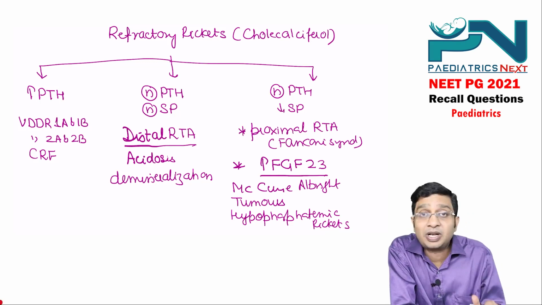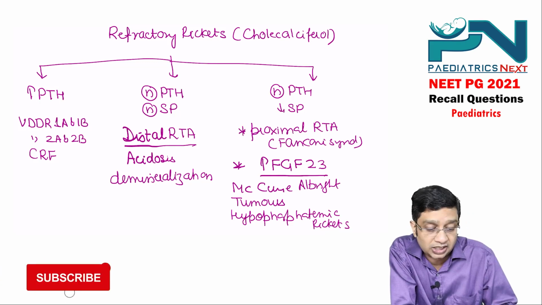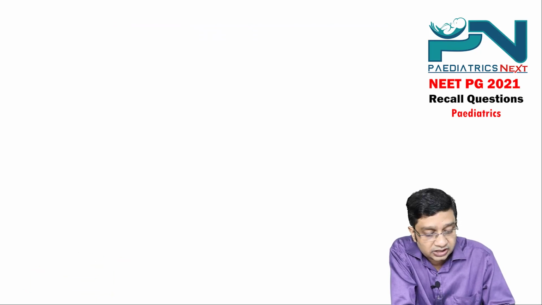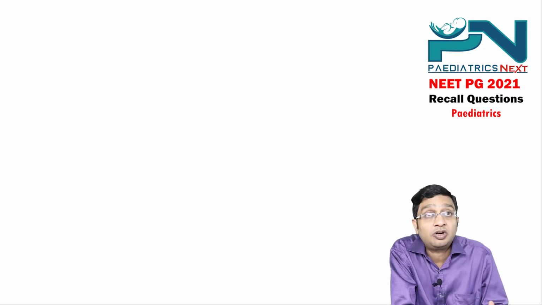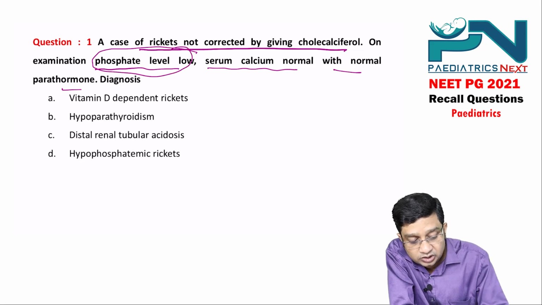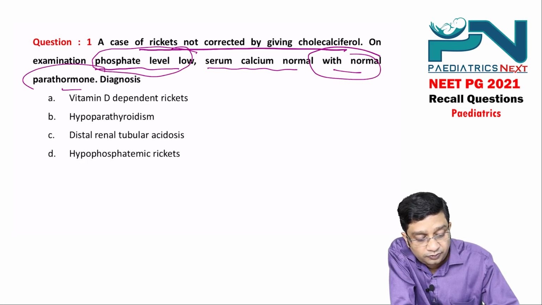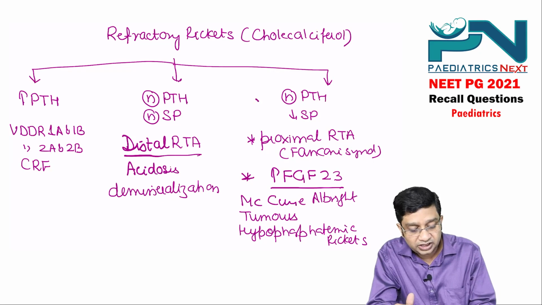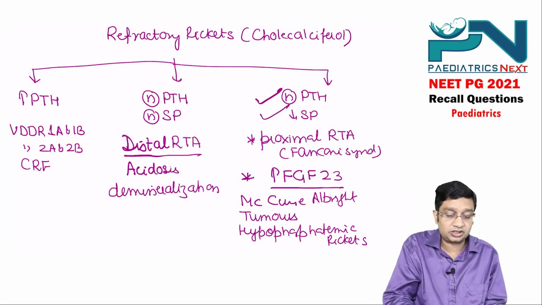If I apply this principle to the question being asked here: a case of rickets which is not corrected by giving cholecalciferol. On examination, there is a low phosphate level and normal PTH. So if you go here, it is normal PTH and decreased serum phosphorus, right?